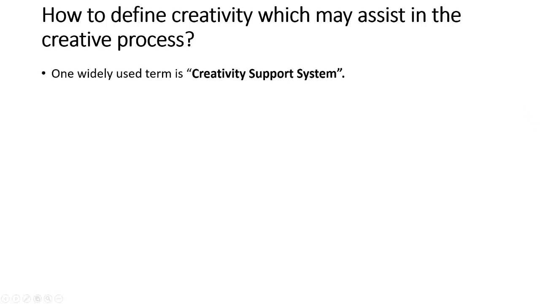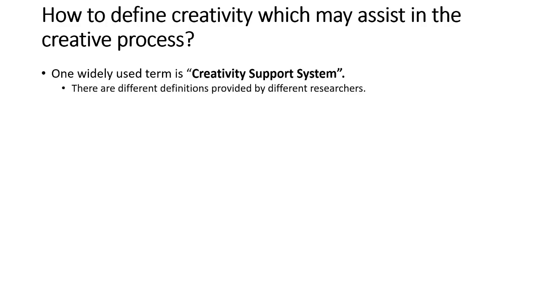Now, there's not a uniform term which is generally agreed upon, but there is one which can be potentially useful to us. Now, one widely used term is creativity support system. One of the more widely used terms, which could arguably include most or all of the classifications from the previous slide, is creativity support systems.